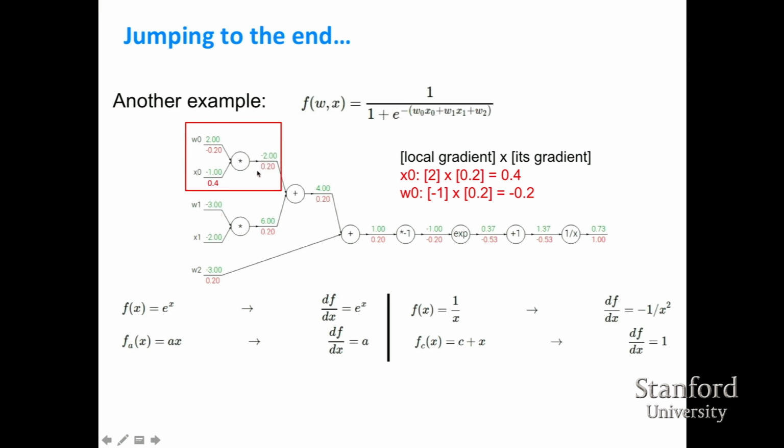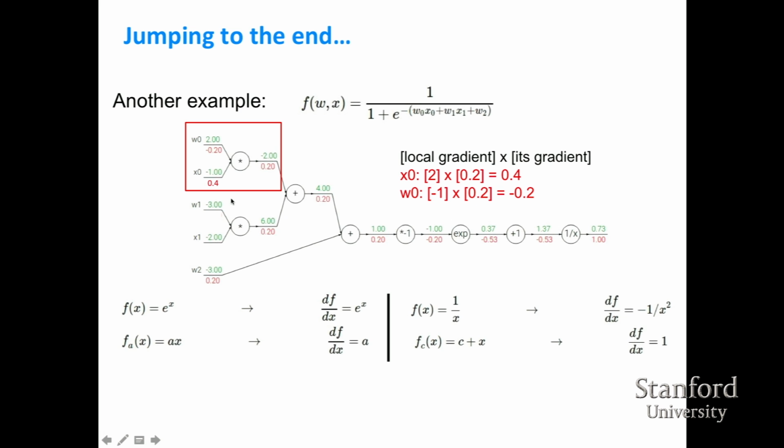And at the end, we arrive right here. And our error signal is 0.2. And we have this multiplication here. And we know in multiplication, the partial of w0 times x0, partial with respect to x0 is just w0. And so we multiply 0.2 times the value here, which is 2, and we get 0.4.